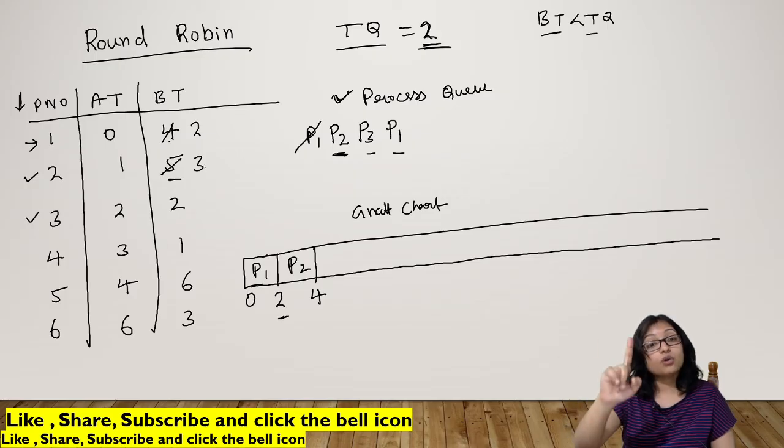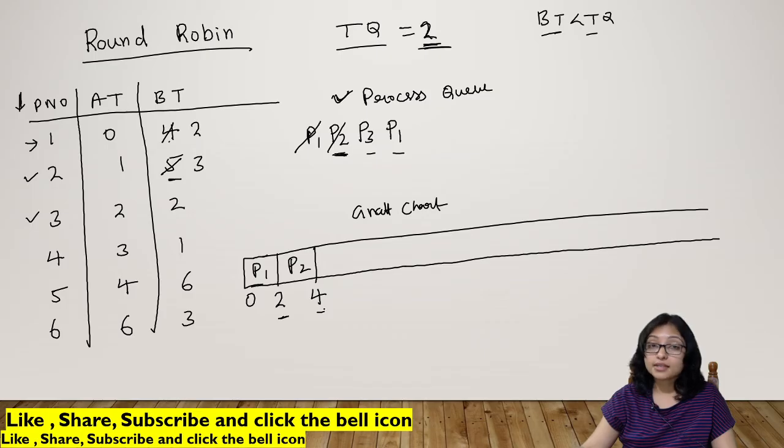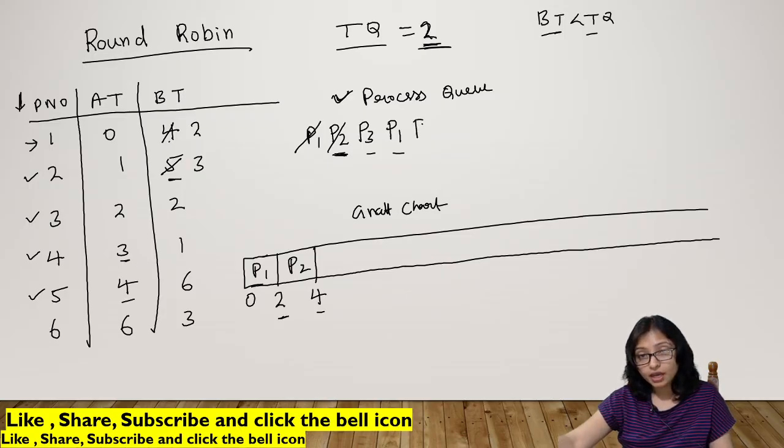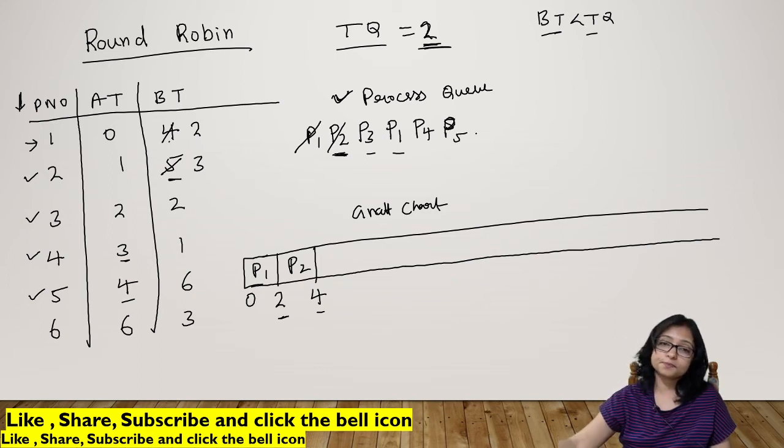Right? Now time is 4. At that time, who arrived? P2 already done this part. Always cross it. Otherwise, again you will do the mistake. So time is 4. At that time, who arrived? Already P4 arrived and P5 also arrived. Check the arrival time. So write down here P4 and then P5.